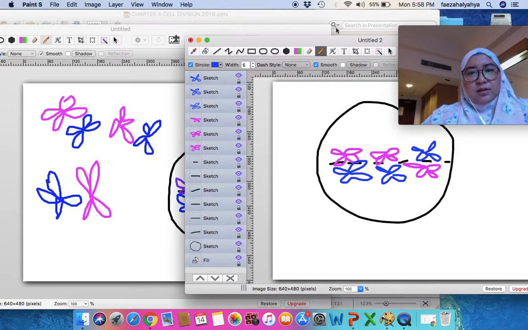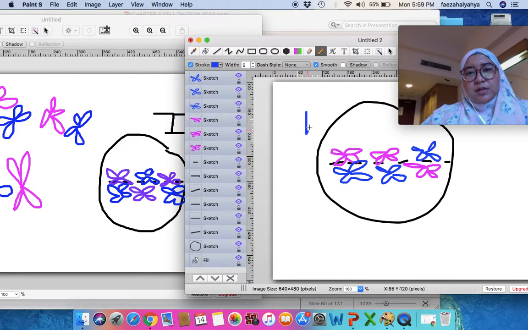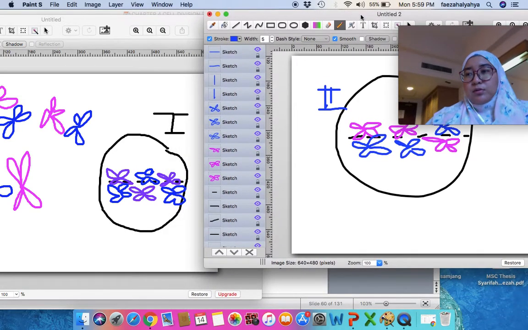Another one we can have this kind of ni yang pertama. We can have this first pattern. Ni maybe boleh jadi yang kedua. So kita ada banyak probability lah macam mana dia nak susun themselves at the middle of the metaphase one plate tu. Okay.